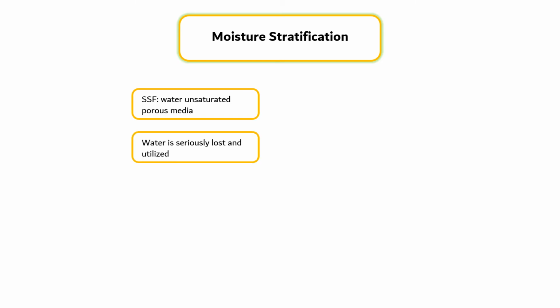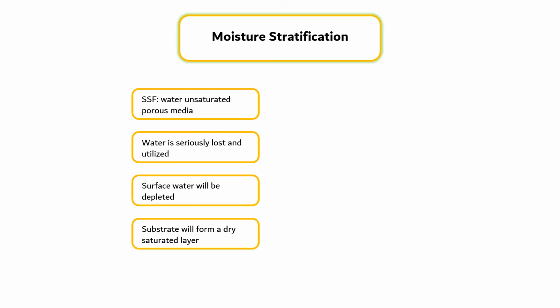Heat and moisture transfer process in moisture stratification. Solid-state fermentation substrates are typical water-unsaturated porous media. However, in some cases, water is seriously lost and utilized, as well as strong ventilation in the fermentation process, and the surface water will be depleted, resulting in the usage of the water inside the pore. When the water inside the pore is also dissipated completely, the substrate will form a dry saturated layer.